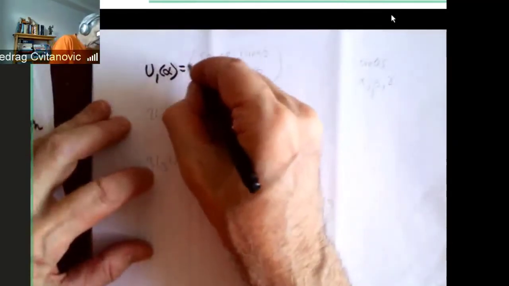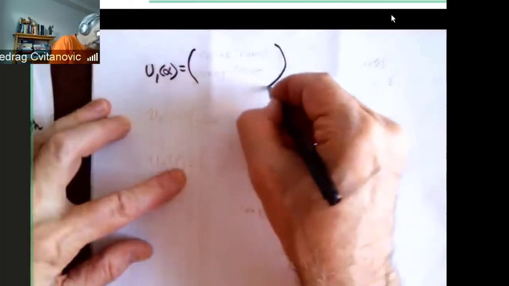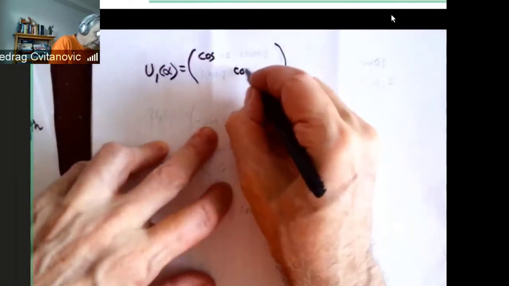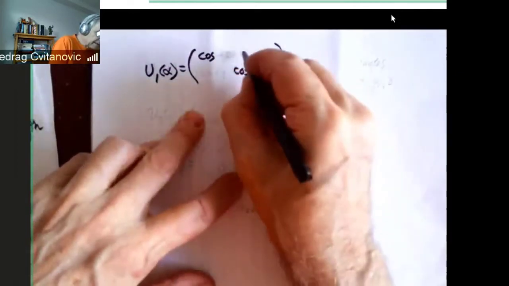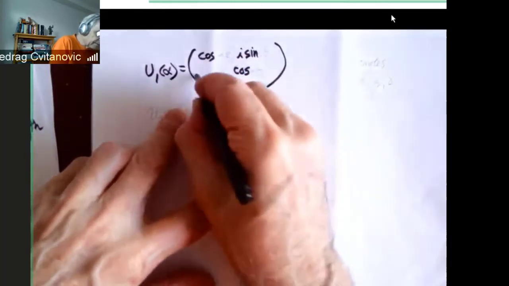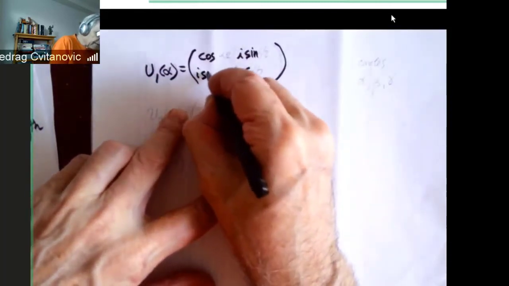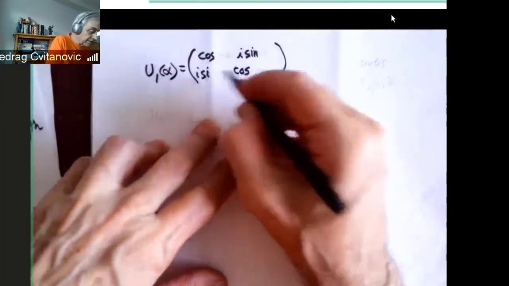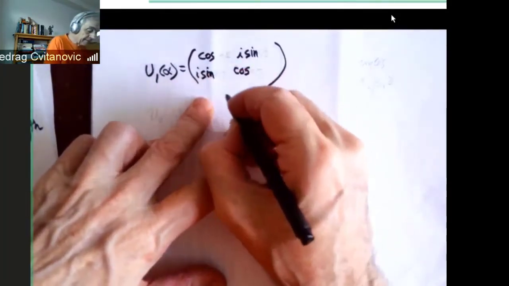And when you add it up, you will have cosine, as always, on the diagonal, and it turns out you get i sine off the diagonal, instead of, before, when we got -1 and +1 as signs.